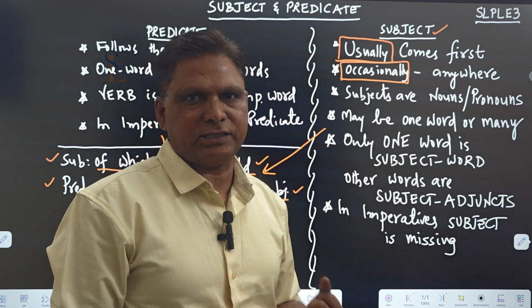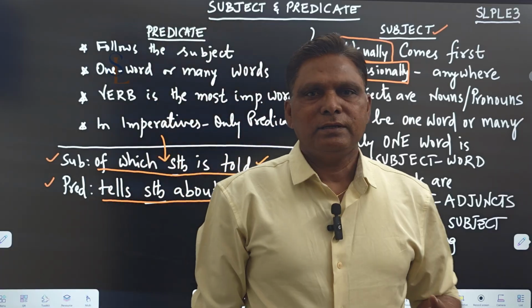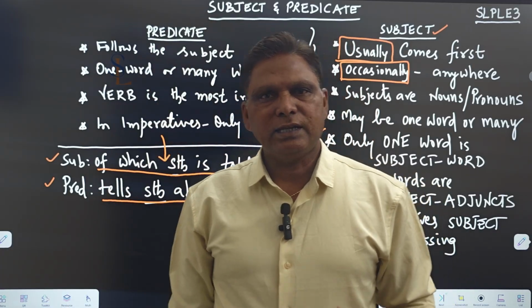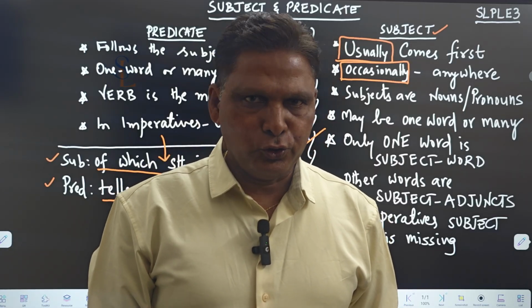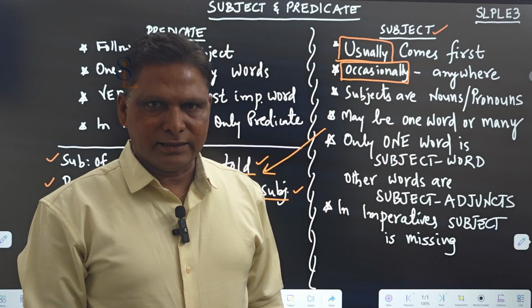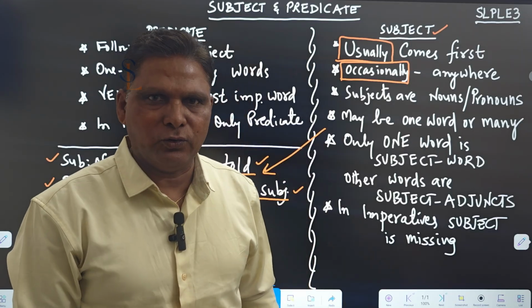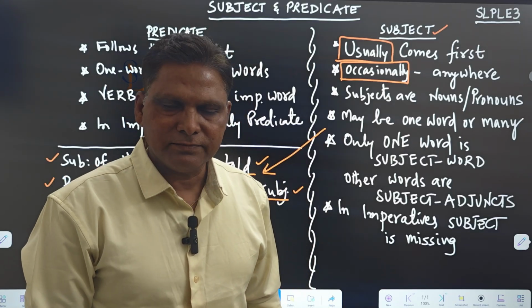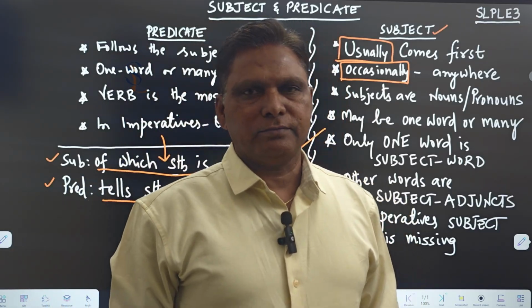The thief was arrested. If you take this sentence as an example, the thief was arrested. What is the subject in this one? Do you feel it is the thief? No. In this sentence, which is a passive voice of the sentence, the subject is missing and it is understood.